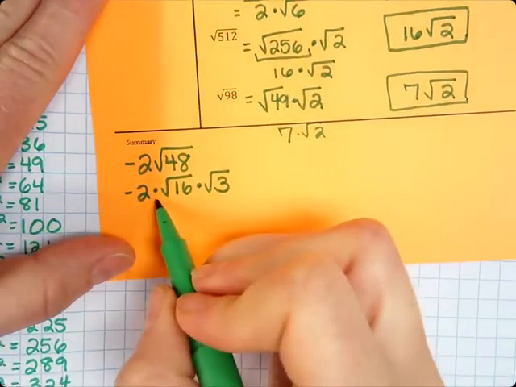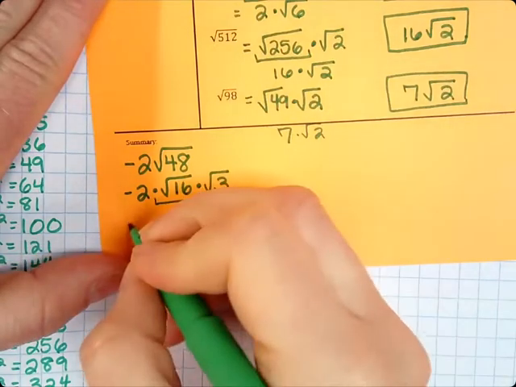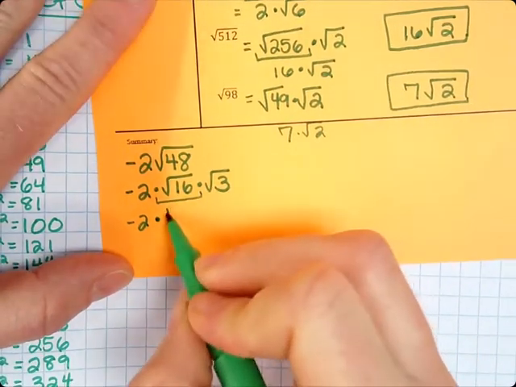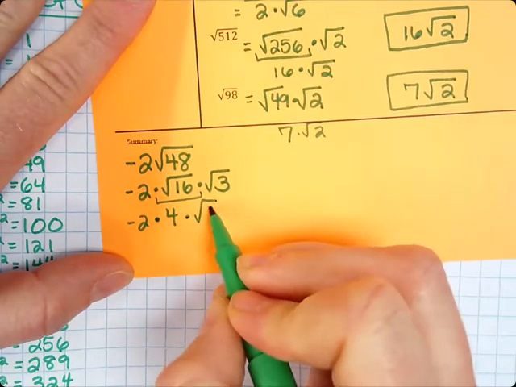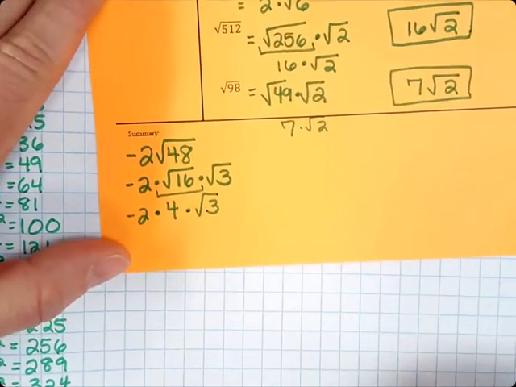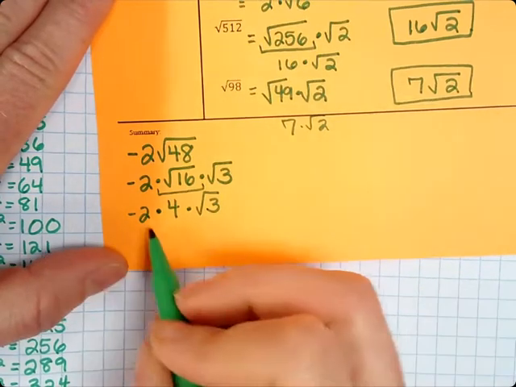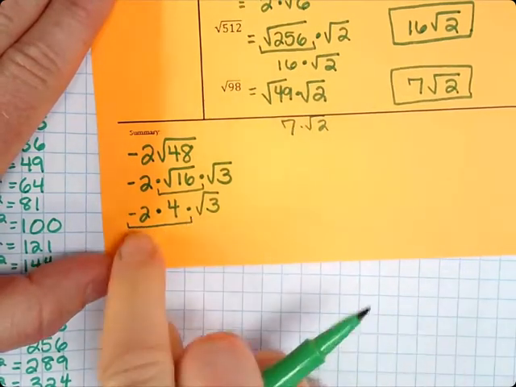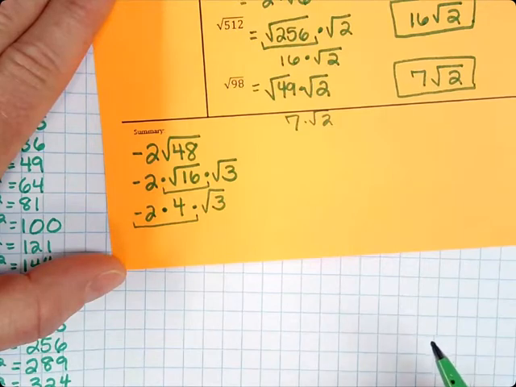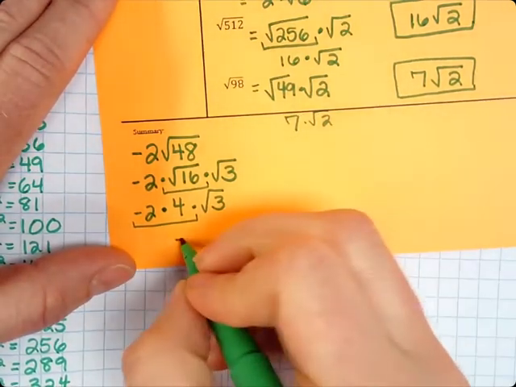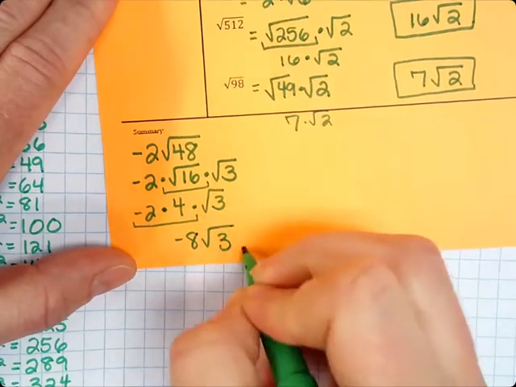So then I can actually take the square root of 16. So now I have -2 times square root of 16 is 4 times the square root of 3. Then I simplify even more just by multiplying those two numbers. -2 times 4 is -8 square roots of 3.